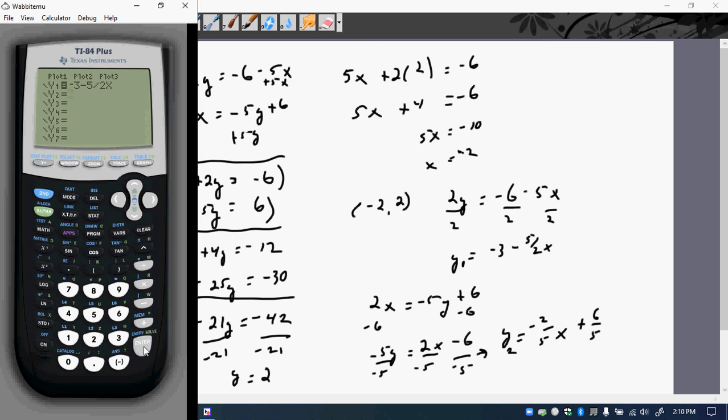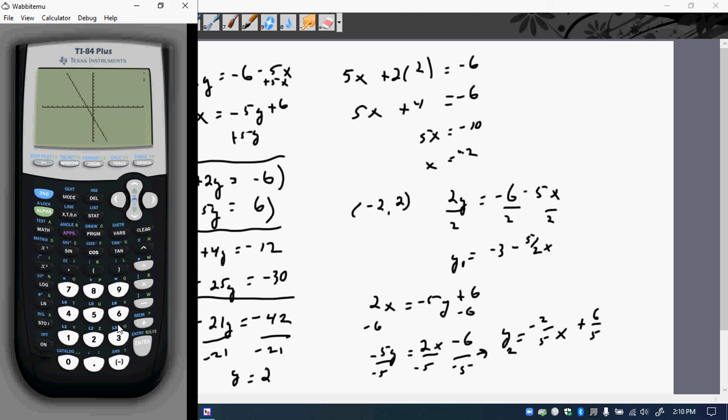Okay, and then my second equation is negative 2/5 x, and that's plus 6/5. Okay. Alright, so now I'm going to go ahead and do zoom 6.